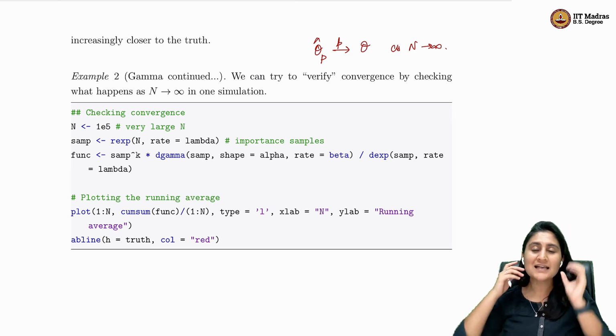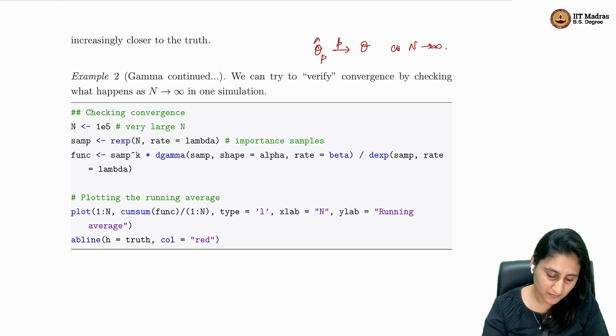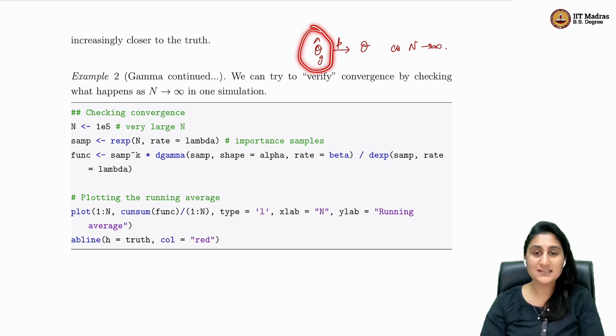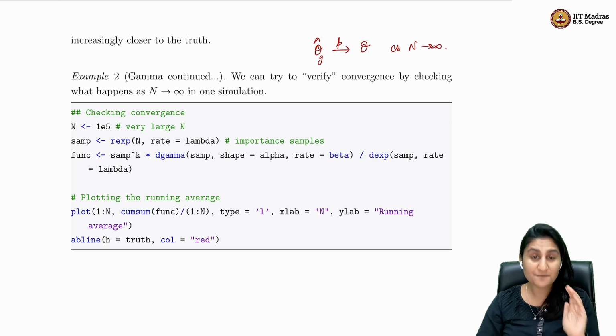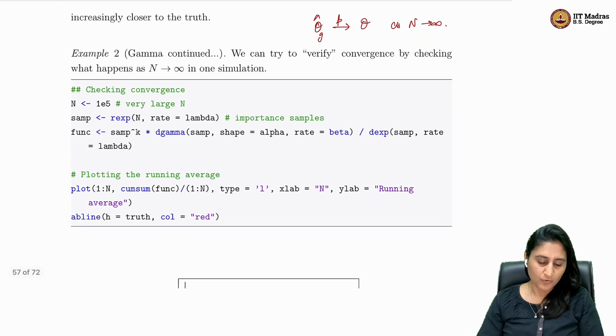So as I get more and more samples, this converges closer and closer to theta. So I'm going to choose a very large sample size, which in this case is 100,000, or 1 lakh samples. And I get random draws from the exponential. These are my z's.